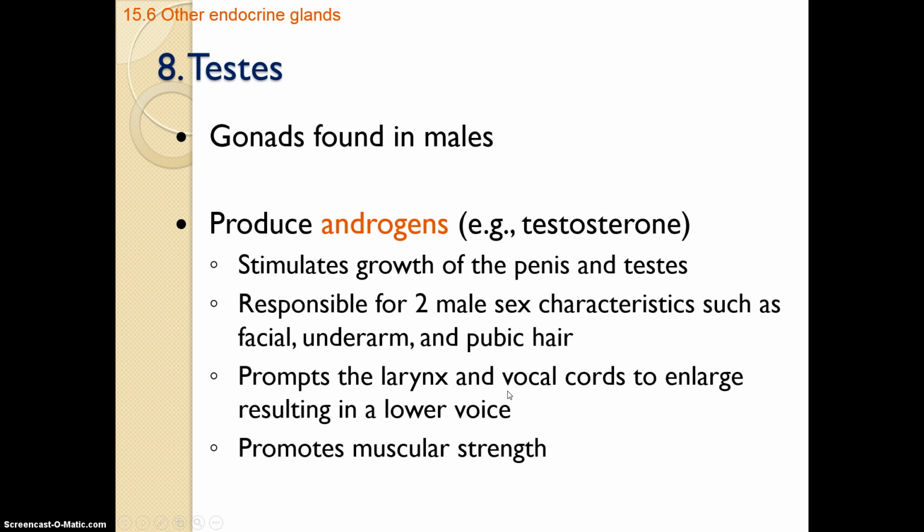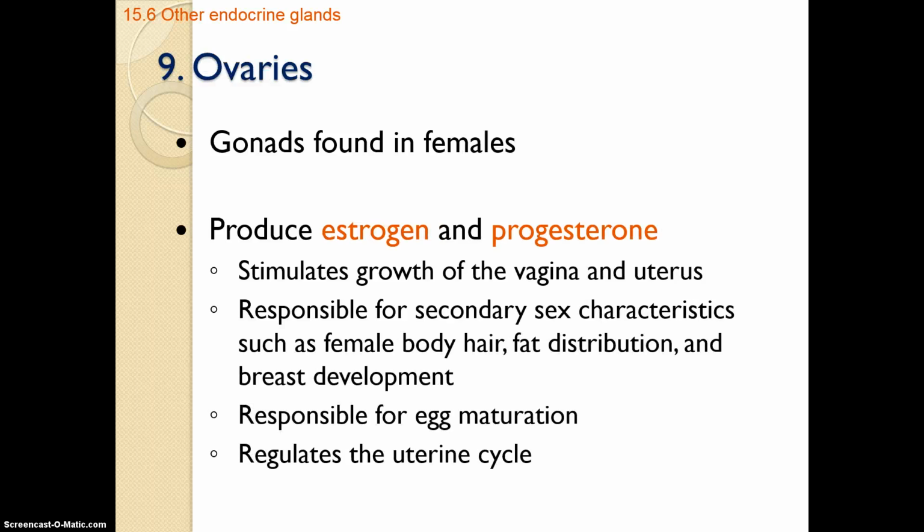Alright, now remember, everything and anything that has to do with hormones for reproduction, we will talk about in reproduction. All you need to know right now is that gonads in male folks produce androgens, and that's testosterone, and it gives them all their maleness, their lower voice, the larynx, pattern of hair growth, all of that is based on androgens.